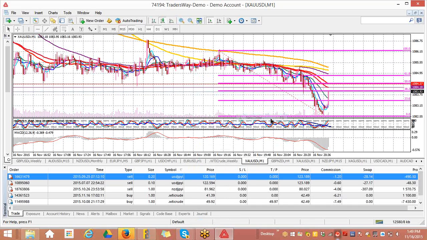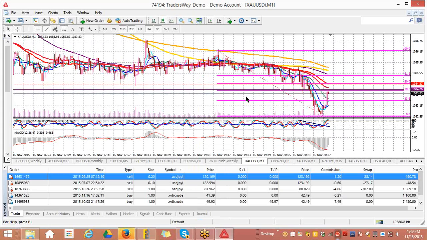New trade. Well, that's interesting. I've never seen that happen. I'm going to put my trade in. And you see how it bounces right off that 38.